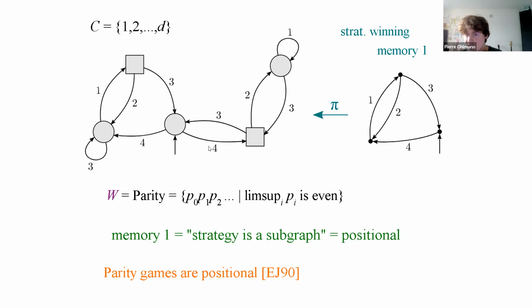So positionality, no. If you assume positionality, then you can reduce parity games to mean-payoff games. The danger is that there is some path where large even numbers and large odd numbers appear infinitely often, but rather rarely. So they influence the lim sup. I think we can.